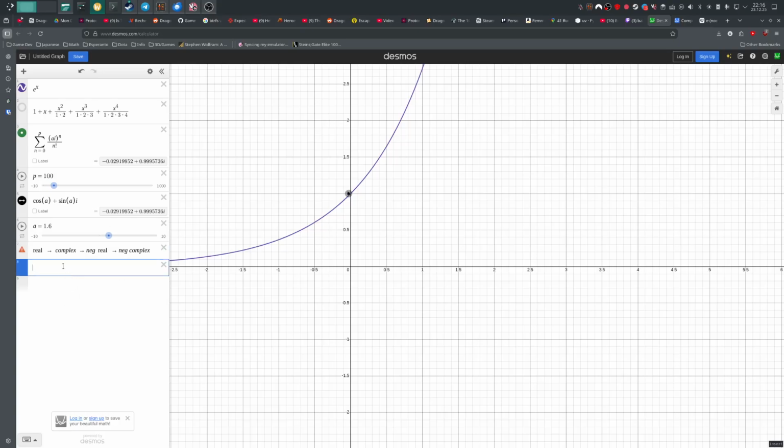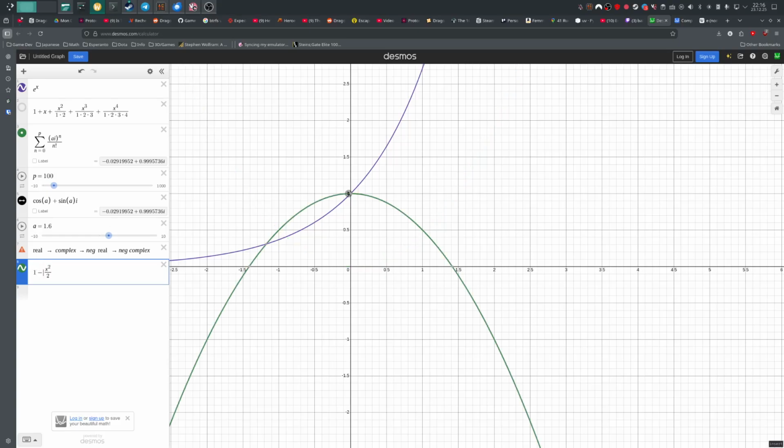So let's try to separate them. The first one is real, plus the second is complex, so the x we discard. Then we have x power 2 over 2, but negative, right?